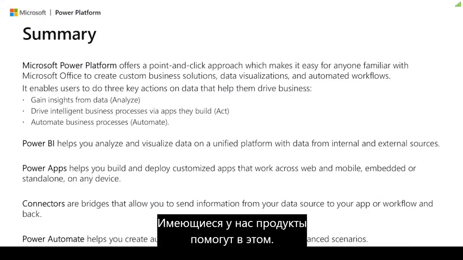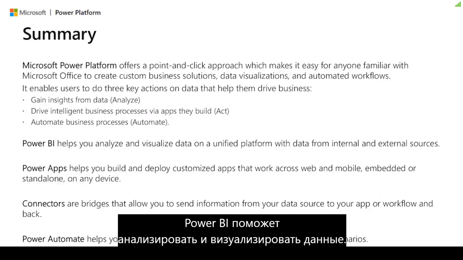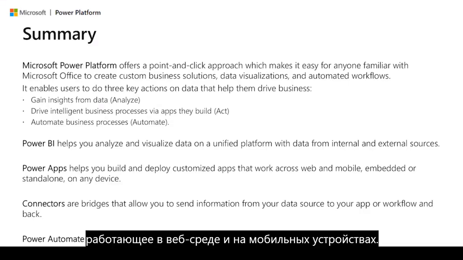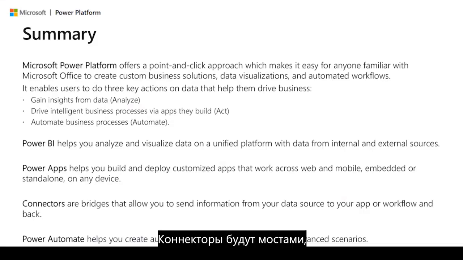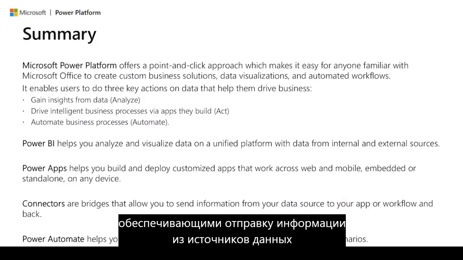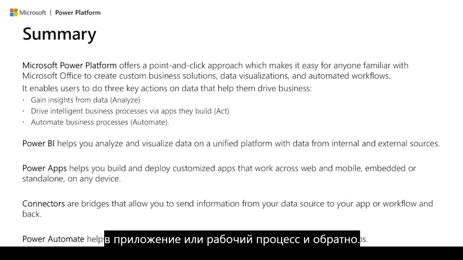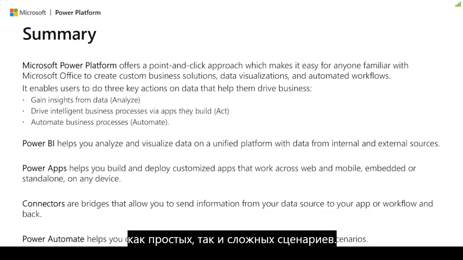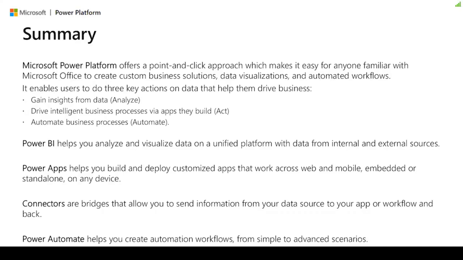And the products that we have help you do those actions because Power BI helps you analyze and visualize your data. Power Apps will help you build and deploy customized apps that work across web and mobile. And then connectors are bridges that allow you to send information from your data sources to your app or workflow and back. And finally, Power Automate will help you create automation workflows from simple to advanced scenarios.